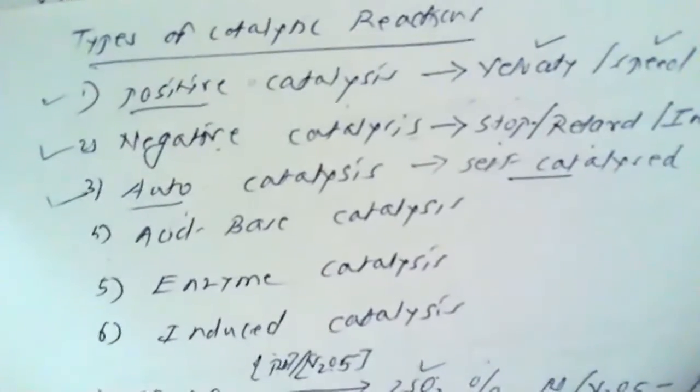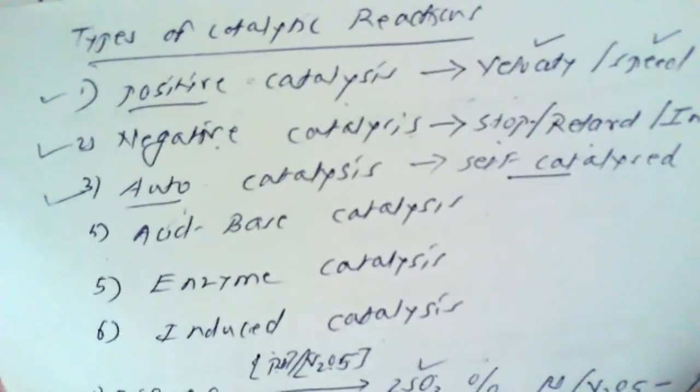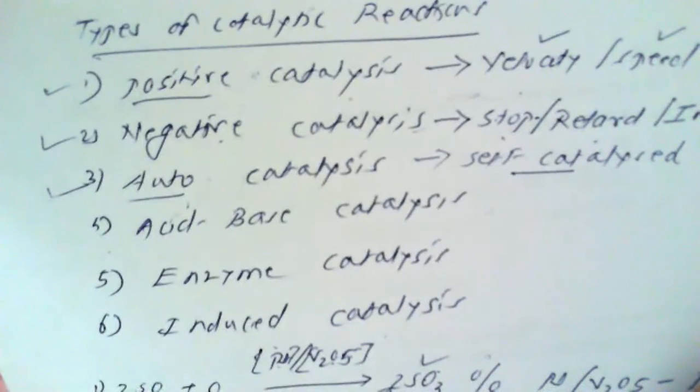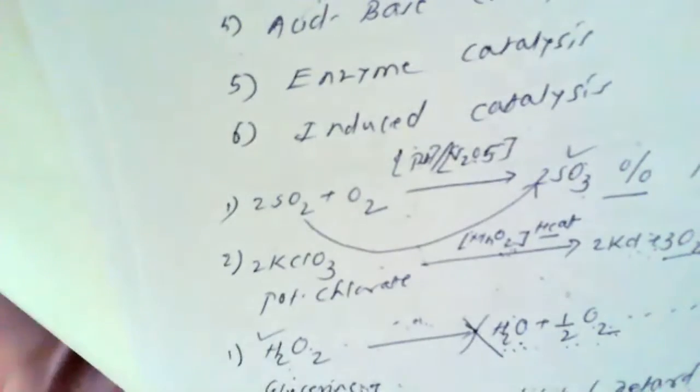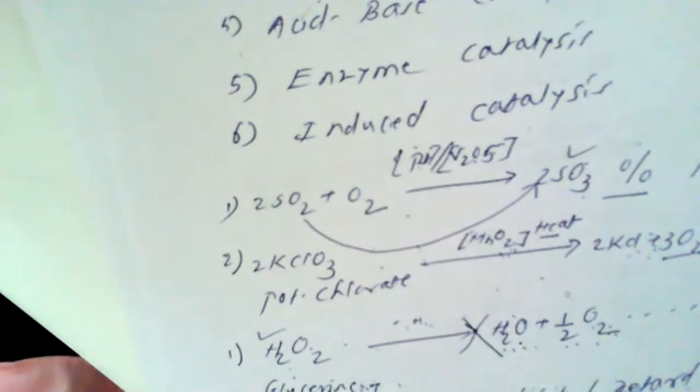So once again you should remember that there is much more difference in the classification and the types of catalysis. The classification is homogeneous and heterogeneous, and the types of catalysis are positive, negative, auto, acid base and enzyme type of catalysis. So this is how we have finished.